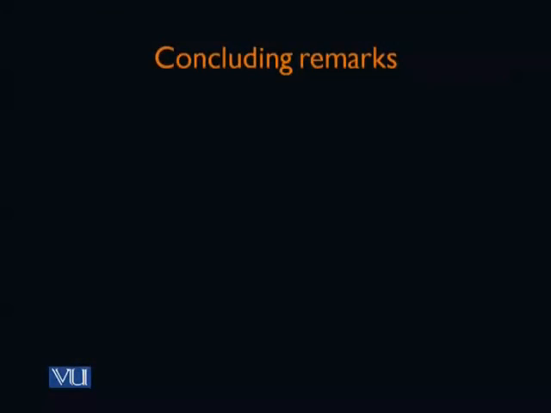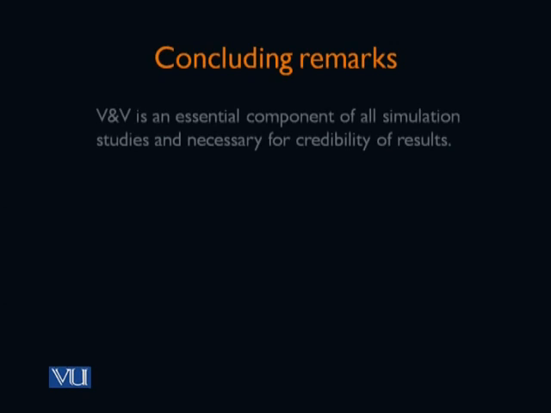So now I will be summarizing the entire lecture, and I'll be telling the important things we discussed. The most important thing we discussed was that in a simulation-based network performance evaluation study, verification and validation is an essential step. It's not something that is to be taken lightly.